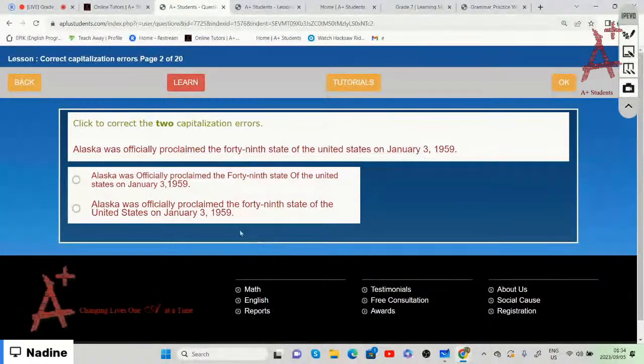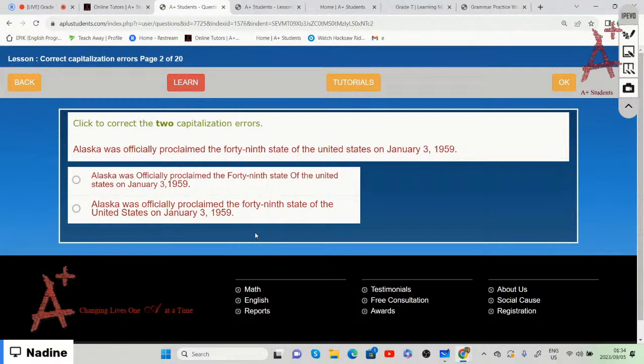We need to select the two capitalization errors that we have within that sentence. Alaska was officially proclaimed the 49th state of the United States on January 3, 1959. So if we choose the two capitalization errors, is it option 1?